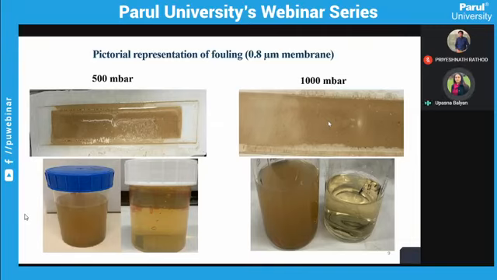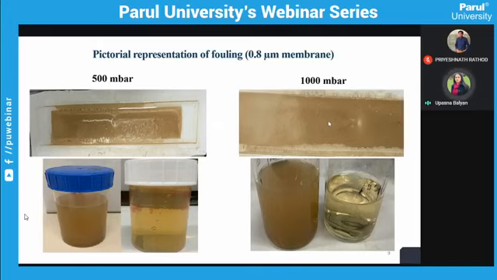So when we talk about the fouling, in previous studies, I also follow that path, the Hermia's pore blocking model. If you have heard about these models, there are two types of fouling that always occur over the membrane surface. One is reversible fouling, another one is irreversible fouling. But Hermia explained four models of pore blocking of the membranes.